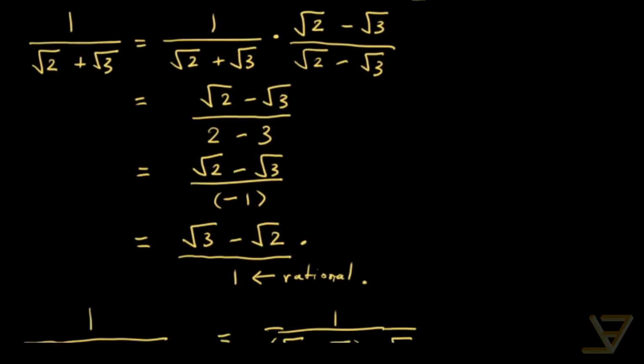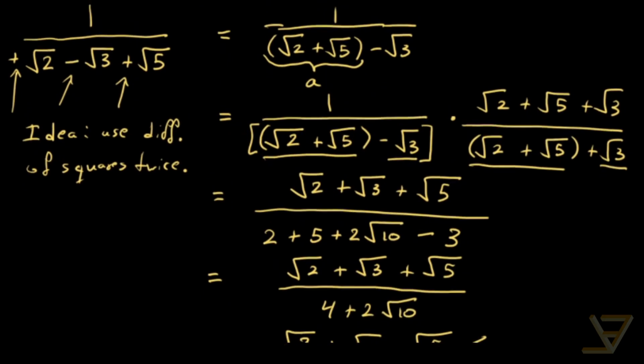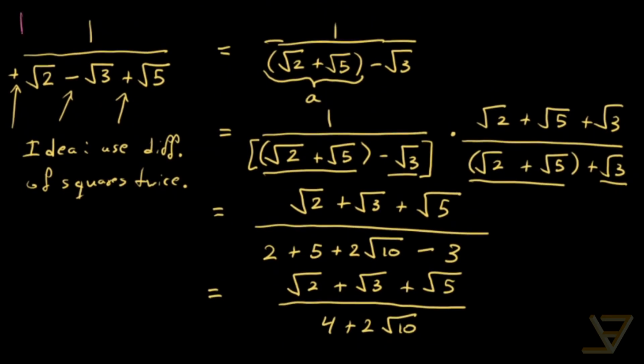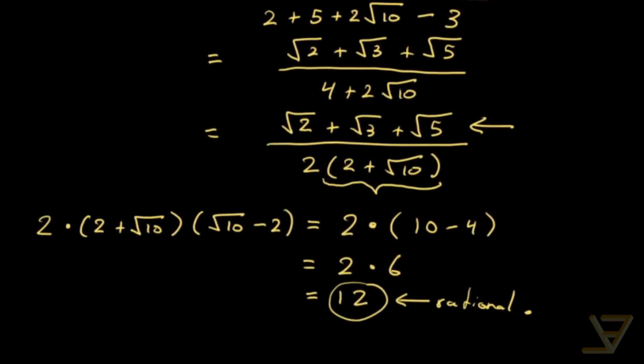And I gave you an example here with 1 over square root of 2 plus square root of 3. And finally, we looked at a more complicated example over here where there is a combination of sums and differences of 3 square roots in the denominator. And in the end, we did find out that it is possible to use difference of squares twice to prove that the denominator can be made to be rational.